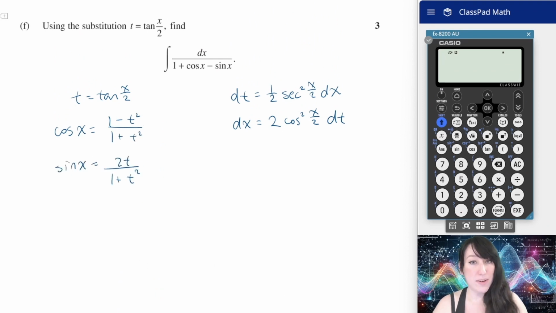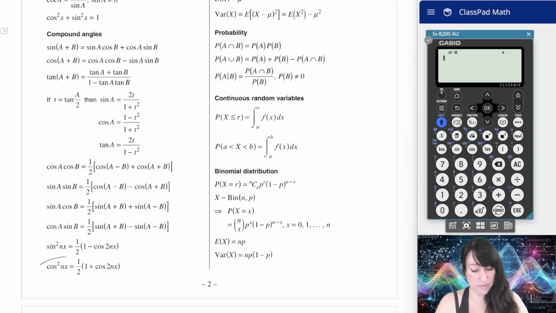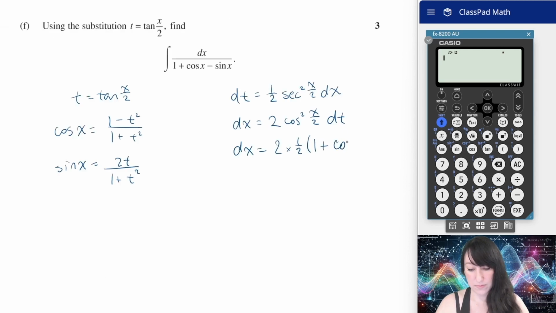We'll also need to fully express dx in terms of t. So we'll need to use the double angle formula here. This down here will help us to express dt solely in terms of t. And that's because inside the cosine now is a double.